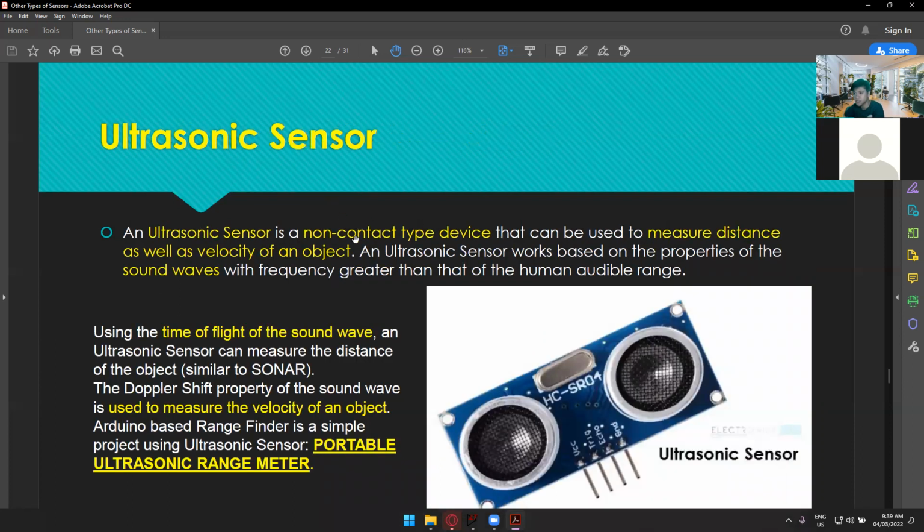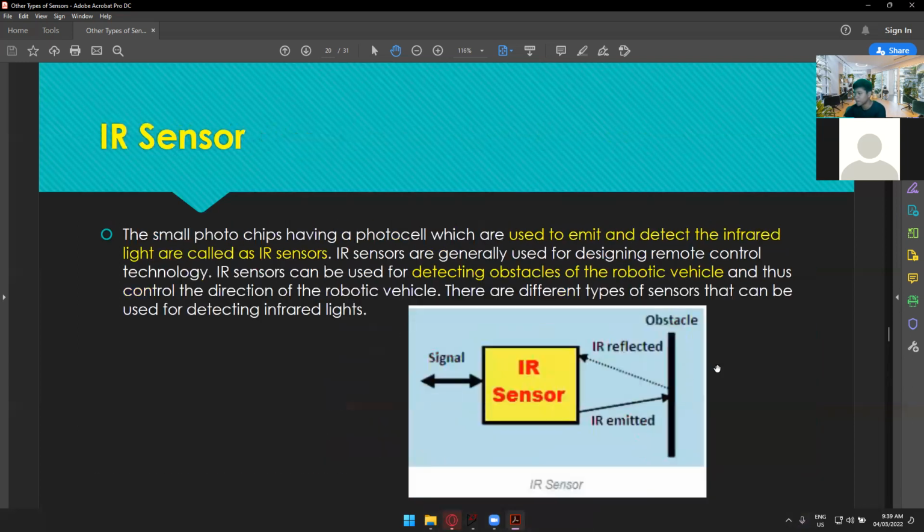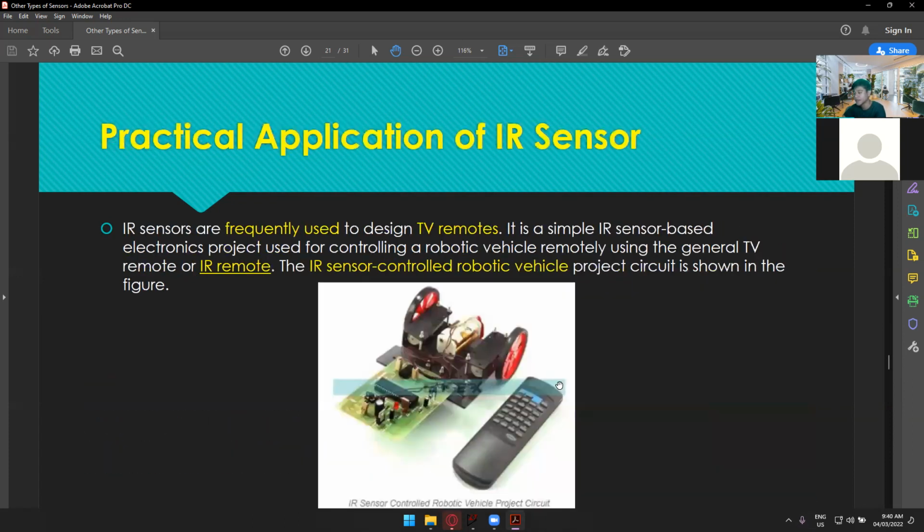And then we also have ultrasonic sensors. So if we have radiation, light, and infrared, we also have sound, and that is the ultrasonic sensor. It is similar to the previous ones: it emits sound, which hits an obstacle or object and travels back to the ultrasonic sensor, and it will notify that there is an object at a certain distance or range.